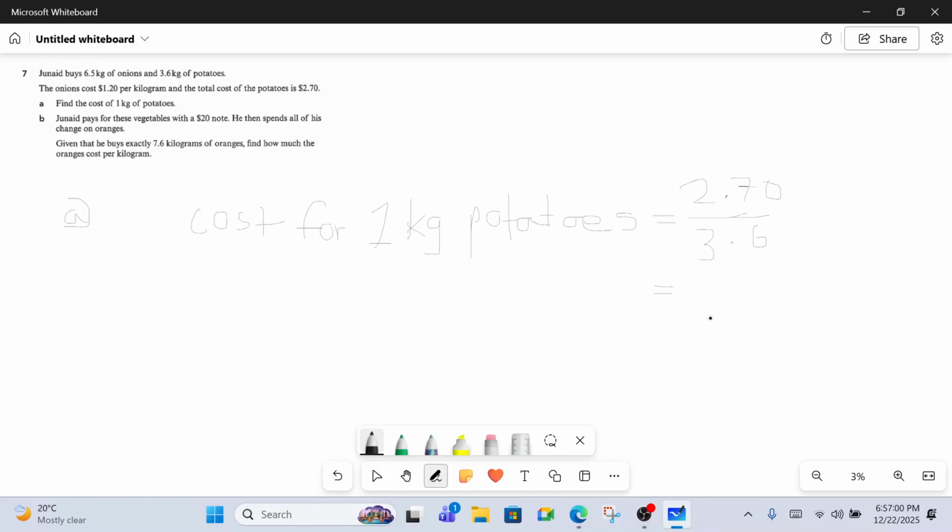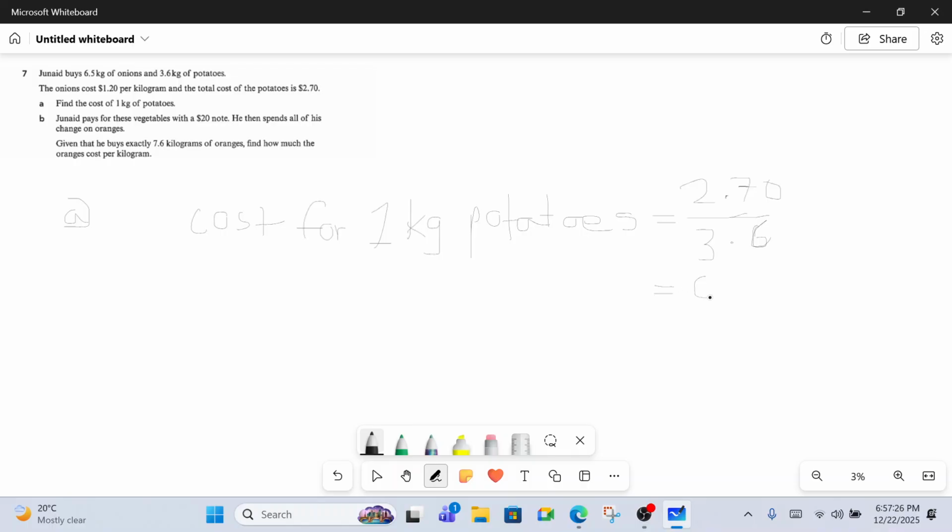Now, why are we dividing 2.70 by 3.6? Well, because this is the total weight of the potatoes, and 2.70 is the total cost of the potatoes, okay?